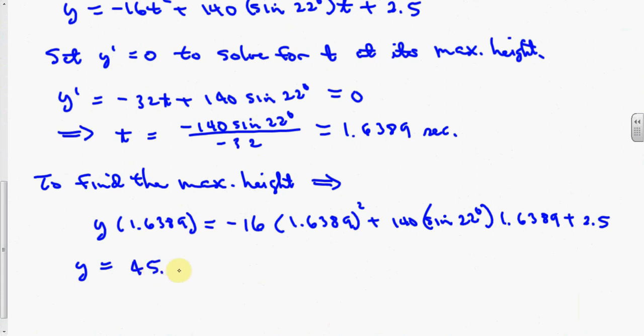We get 45, let's say 48 feet. Is that what you get? 45.48. Got that too. Good deal.